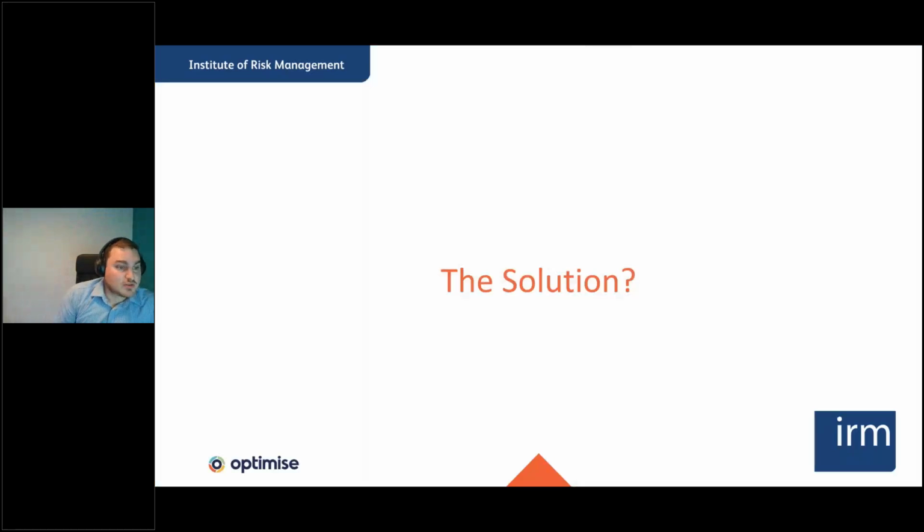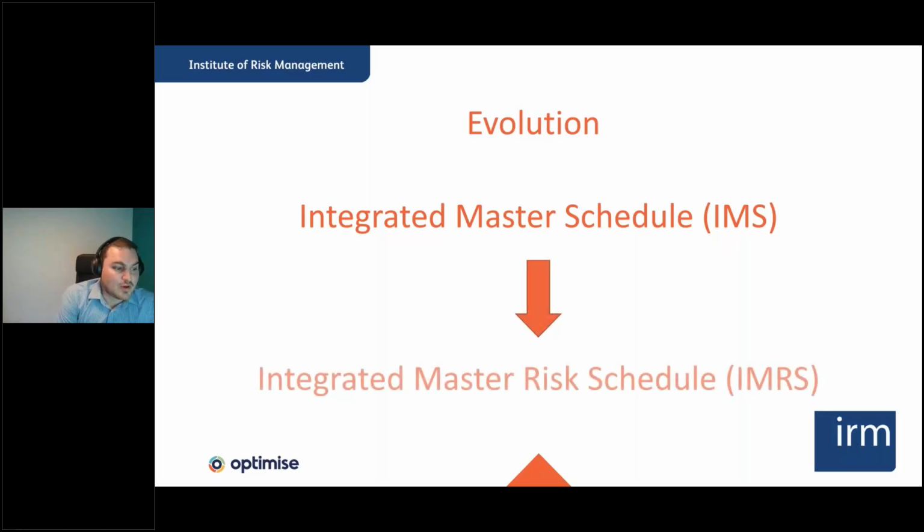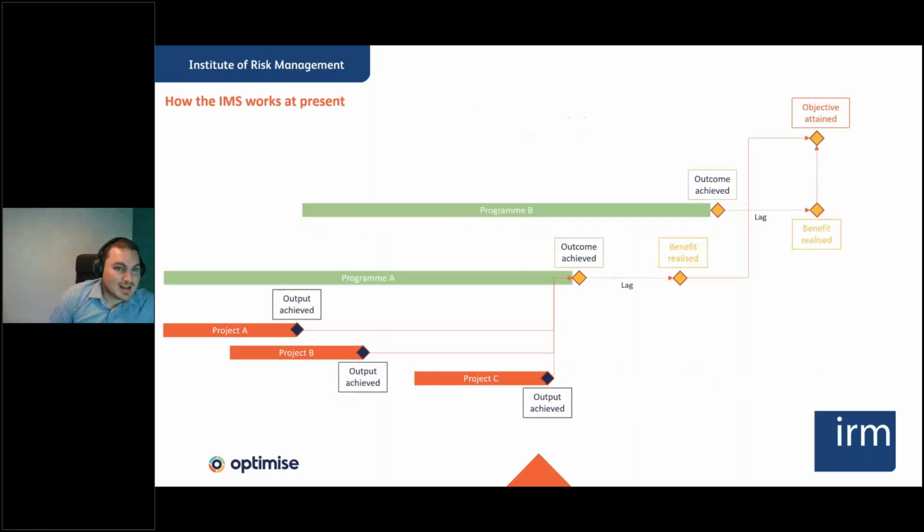So what's the solution? We've got to evolve. So we're going to take an integrated master schedule and we're going to convert it into an integrated master risk schedule. And it's exactly what you're probably expecting, but it's a really fundamental change that needs to happen sooner rather than later to make sure that the organizations are really using risk data to inform the best decisions.